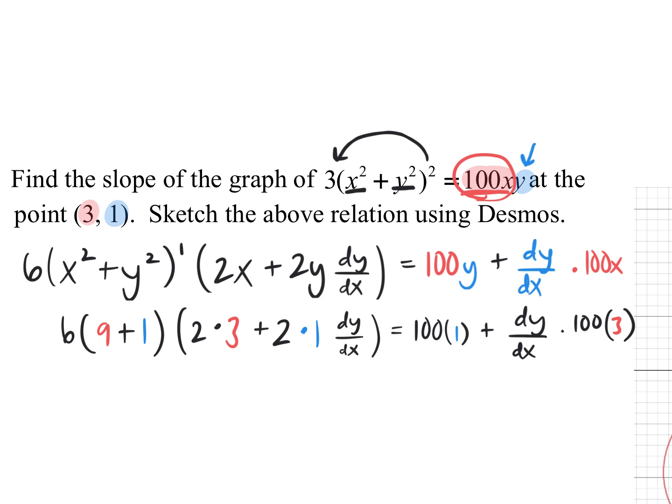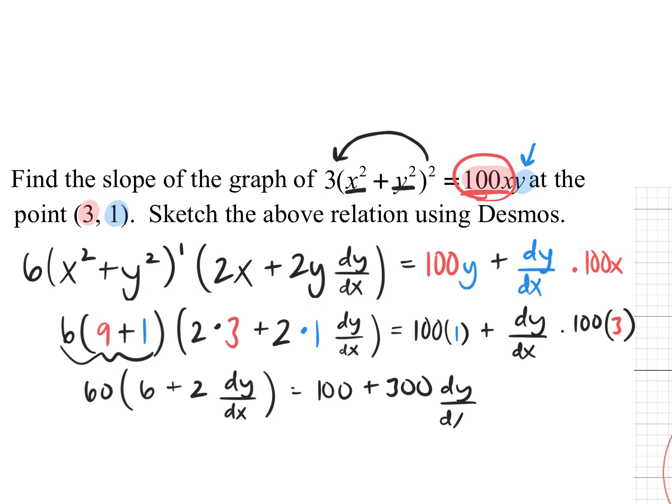On the left there, what is 6 times 9 plus 1 going to give me? 60. So I've got 60 times, this would give me 6 plus 2 dy/dx. And then that's 100 plus 300 dy/dx. We okay so far?